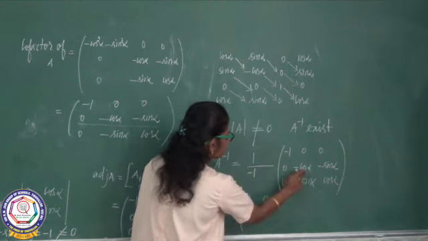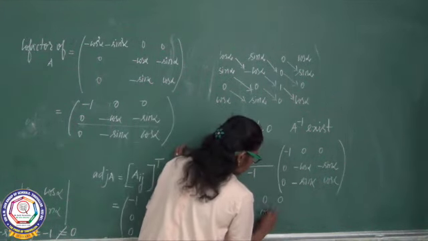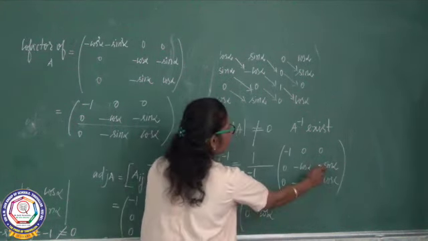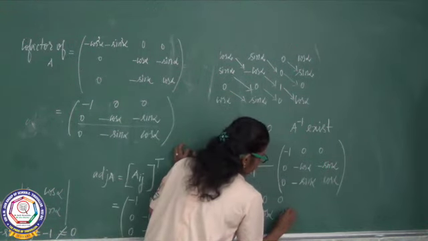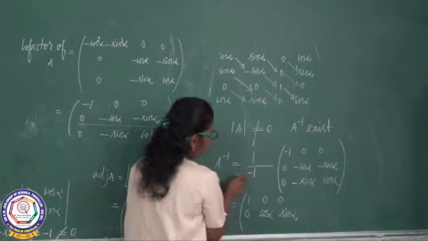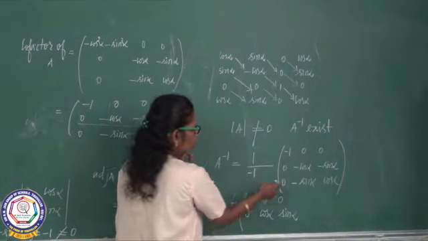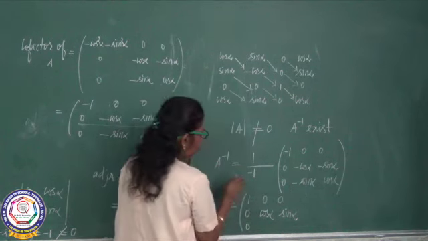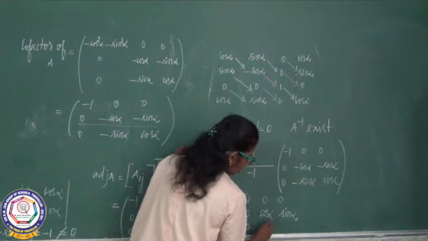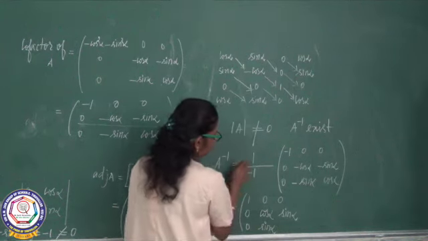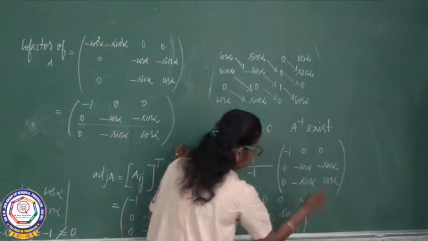Here minus cos alpha divided by minus 1: minus by minus is positive, so you arrive at cos alpha. Minus sin alpha divided by minus 1 gives sin alpha. Minus 1 by minus 1, you can take as minus 1 into 0, 0. Minus 1 into sin alpha gives sin alpha. Here it becomes minus cos alpha.